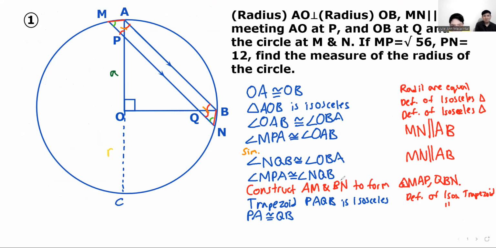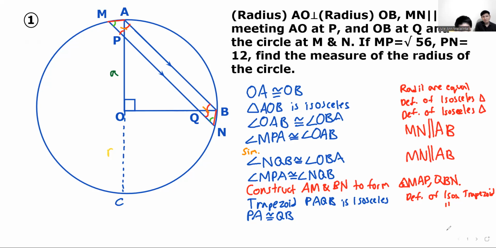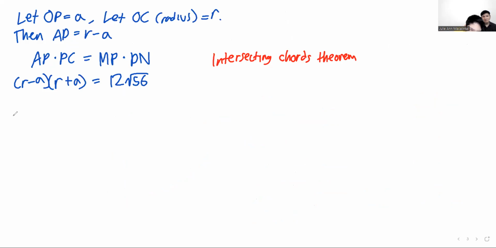Since MN, or PQ, because they are part of the same line, is congruent to AB, then angle OAB is congruent to angle OPQ.